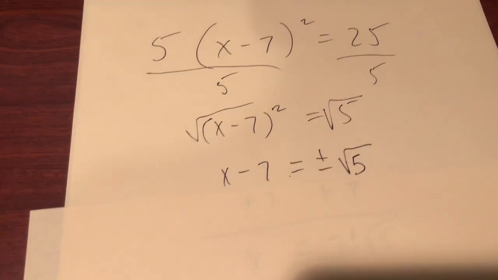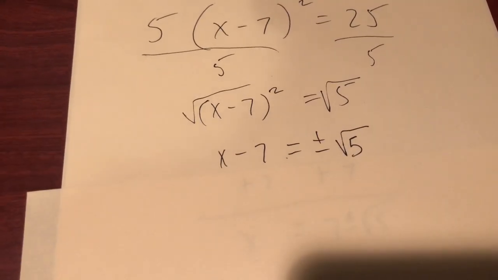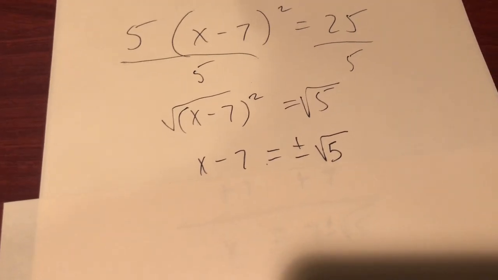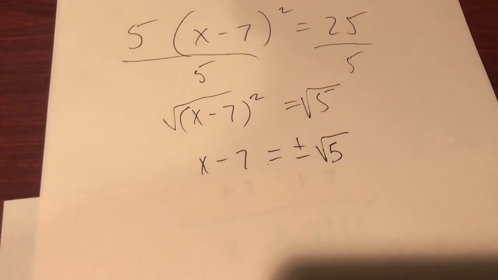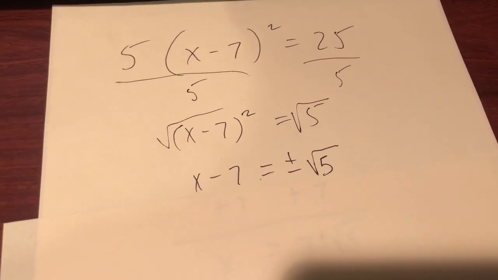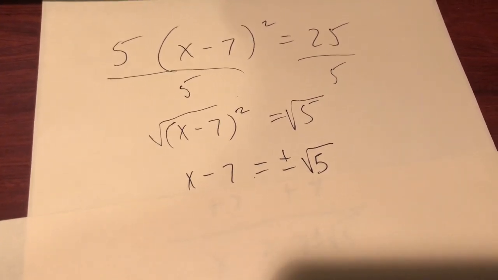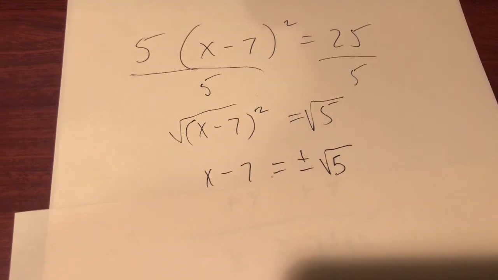When you take the square root of the quantity x minus 7 squared, you get just x minus 7 on the left side. On the right side, we're allowed to have two answers: plus or minus the square root of 5, because 5 is a prime number and there's no way to simplify it any further.